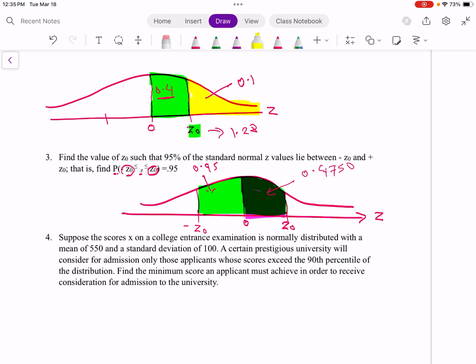Okay, this is very rare. We won't have it exactly like this every time. So the corresponding G value is 1.96. So G naught is 1.96. Good.